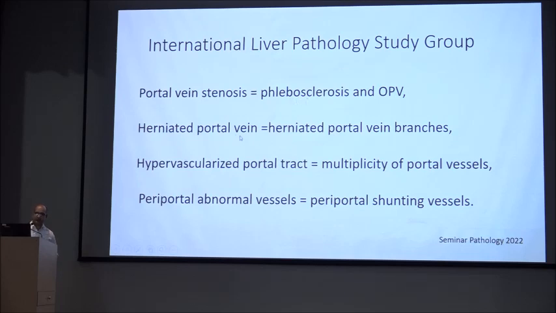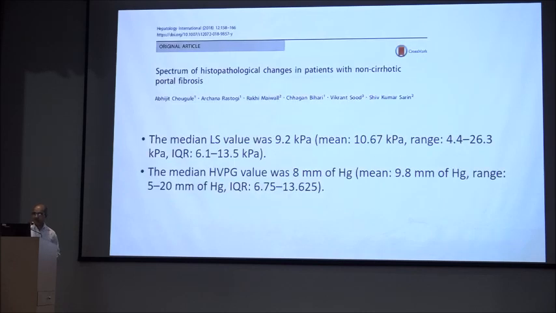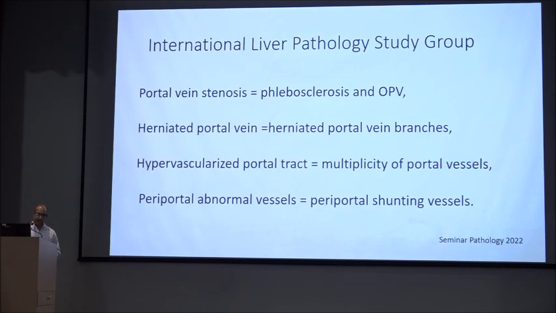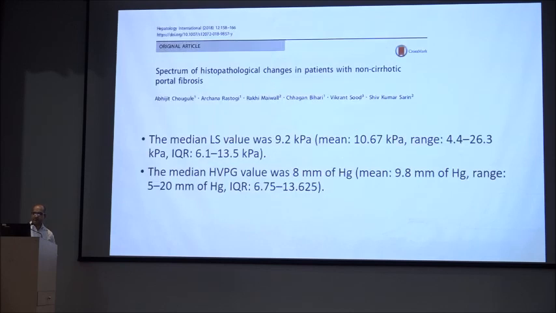Herniated portal vein should be used in case of herniated portal vein branches. Hypervascular portal tract should be used when there is a multiplicity of portal vessels in or outside the portal vein, and periportal abnormal vessels should be used in place of periportal shunting vessels. This need not be remembered. It's just that they came up with these terms.